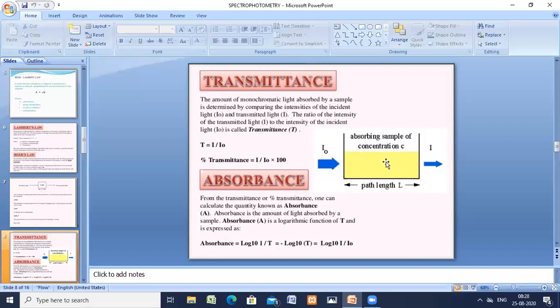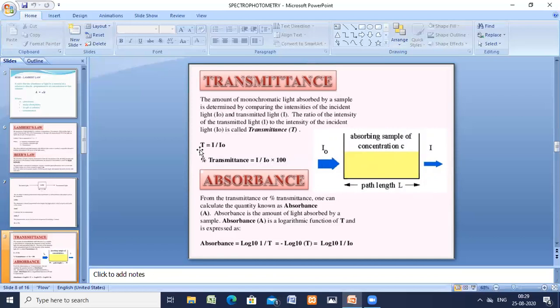This is the absorbing medium, the sample solution, the path length, I0 and I, the incident and transmitted radiation. This is the incident light, this is the transmitted light, and this is the complete path length.